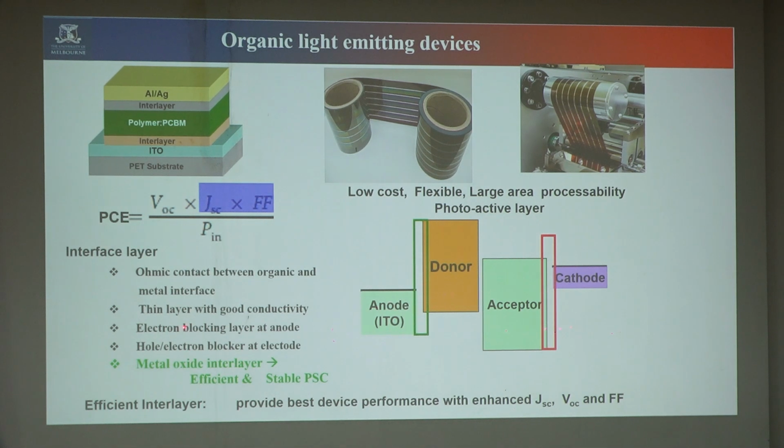It should be a very, very thin layer, because any organic layer or metal oxide, which is not a metal but a semiconductor, has conductivity slightly lower than a conductor. If your thickness is higher, it eventually introduces resistance. That's why we make the interlayer as thin as possible.